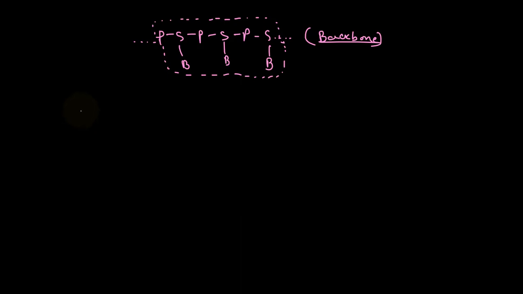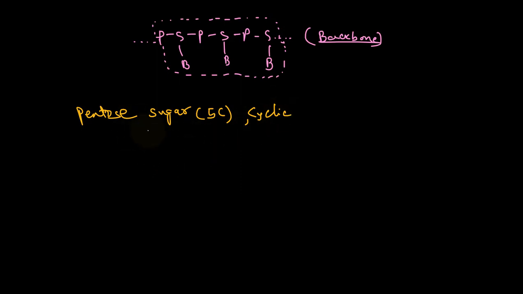There are different types of sugar, that is pentose sugar, which contains 5 carbons. This sugar is cyclic in nature.